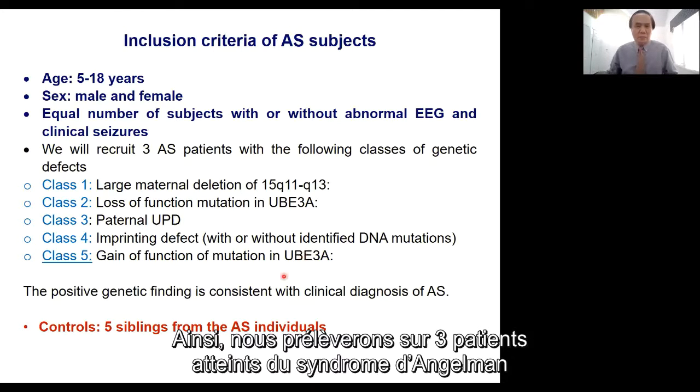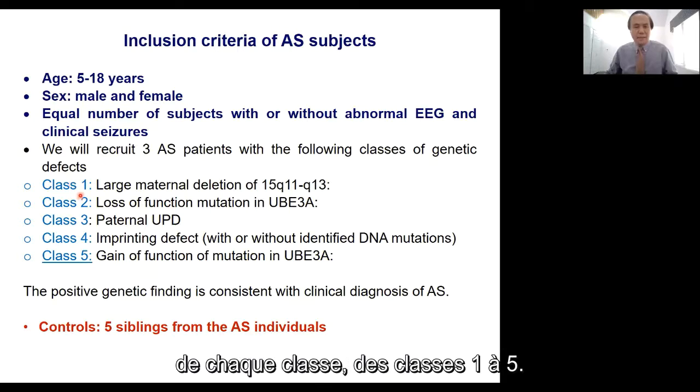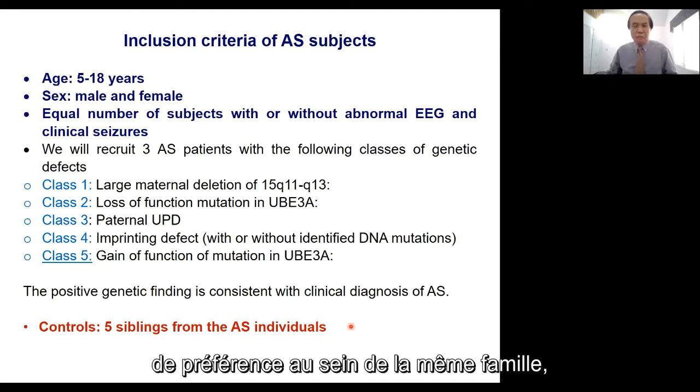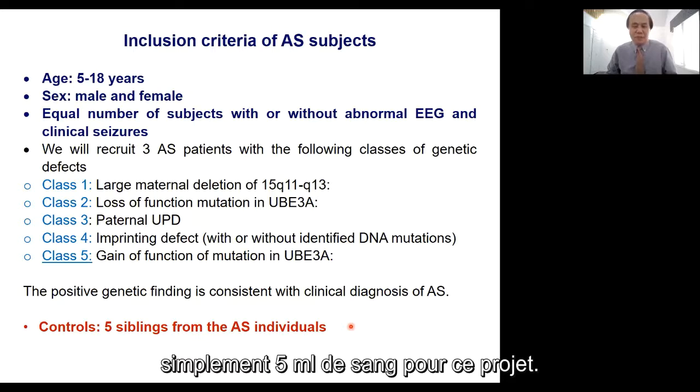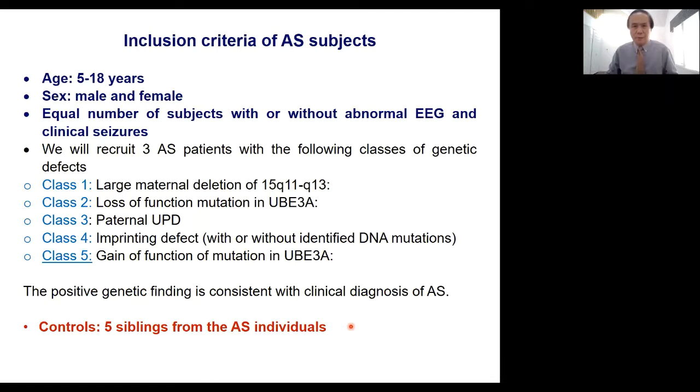As I said, we will collect 3 AS patients for each class 1 to 5. And we're also going to create 5 controls. We prefer, if you have a healthy sibling, that you can just donate about 5 cc of blood for this project.